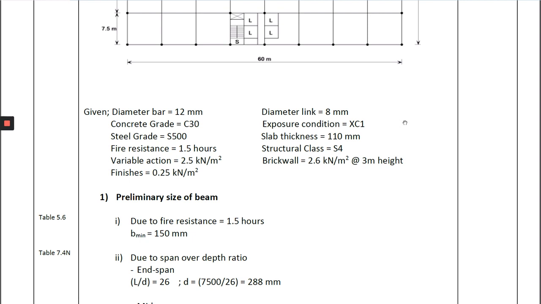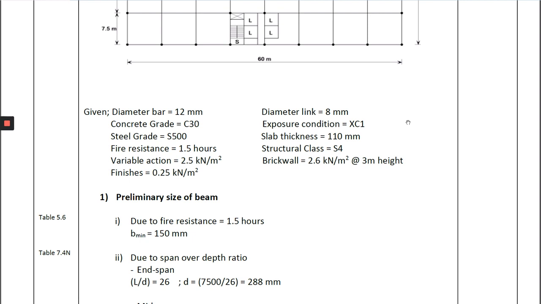Then we determine the environmental condition based on the table given, which is Table 4.1. How are we going to determine this exposure condition? I will explain to you again. Normally, after we receive the architecture layout plan from the architecture firm, there are details of the project, including the location of the project. For example, the project is located at Permatang Pauh, Pulau Pinang.